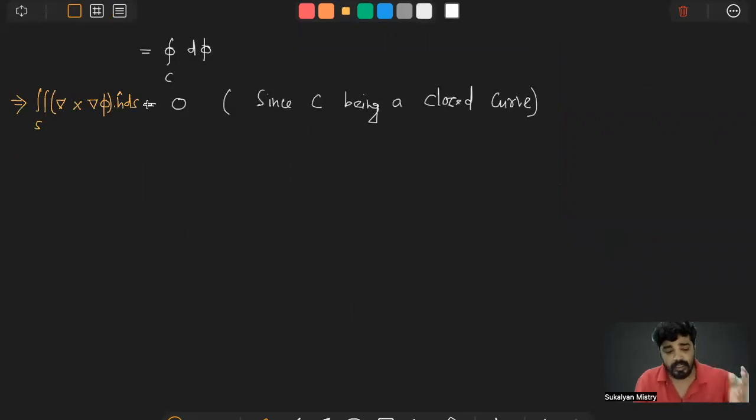Since this is true for all surfaces S, we conclude that del cross del phi is equal to 0.